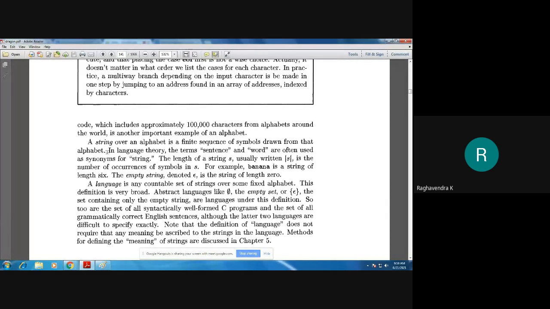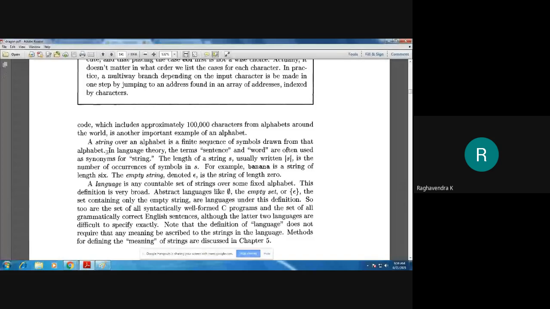In the case of regular expressions and languages, we can also have an empty string, which is epsilon. Every string has a length associated with it, which is the number of symbols that appear in that string. If it is an empty string, then the length is equal to 0.